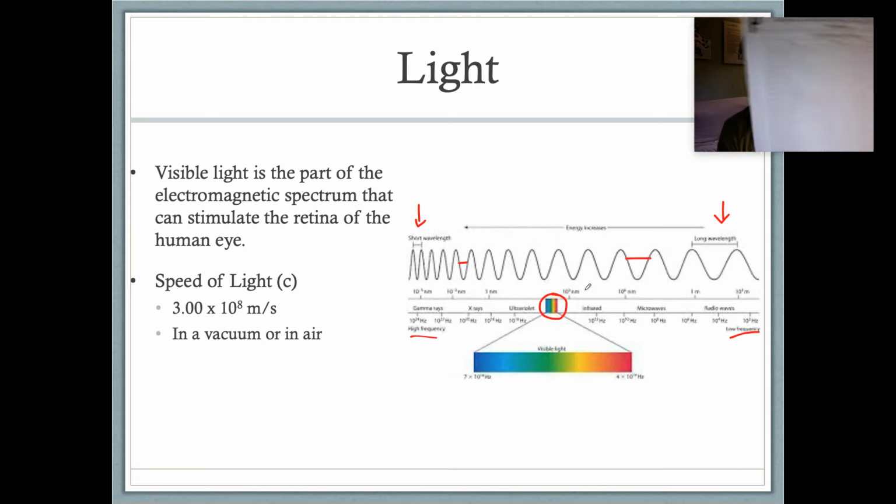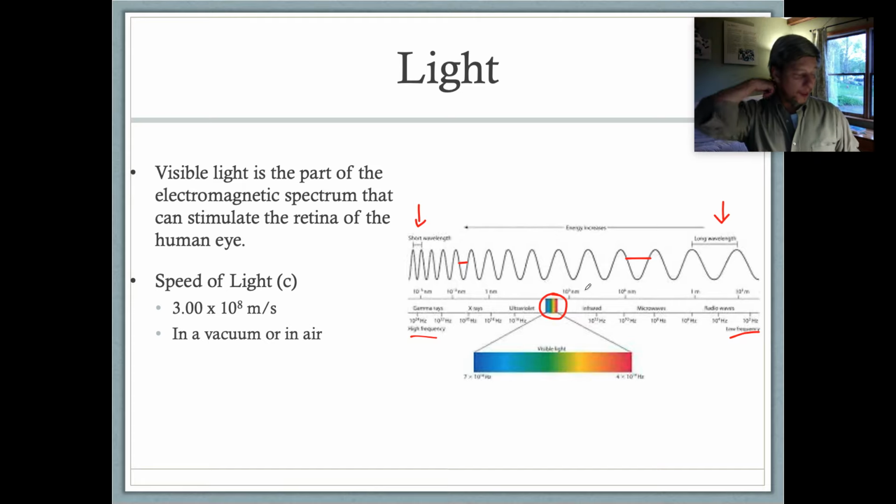Now, this number is also available on your handy dandy reference tables. You can see it right there. Speed of light in a vacuum, abbreviated with a lowercase c, and it's 3.00 times 10 to the 8th meters per second, just above the speed of sound. And again, this is true in a vacuum or in air.